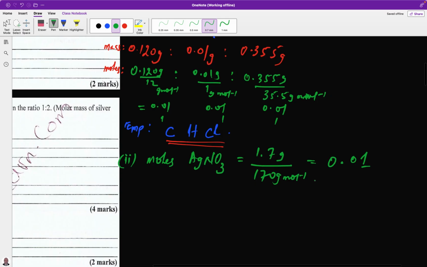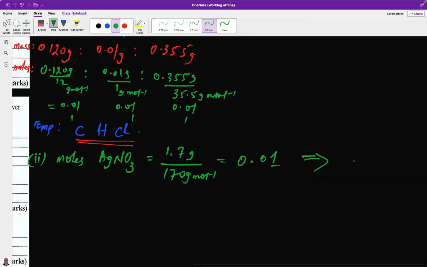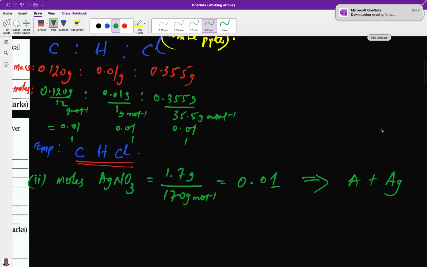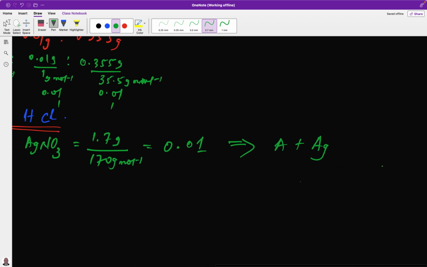But remember, we were told they reacted in the ratio that is A. We were told that A plus silver nitrate react in the ratio what?